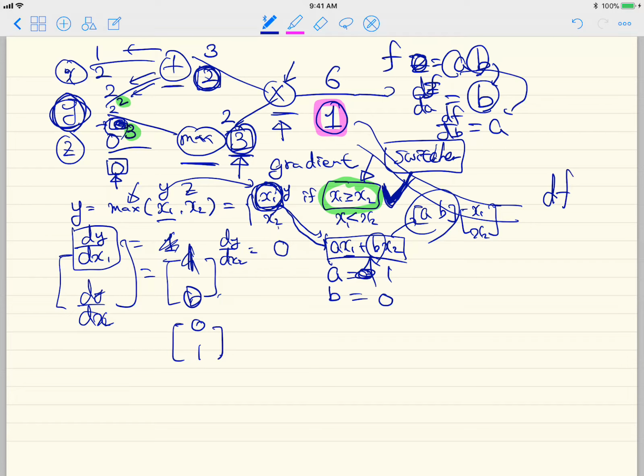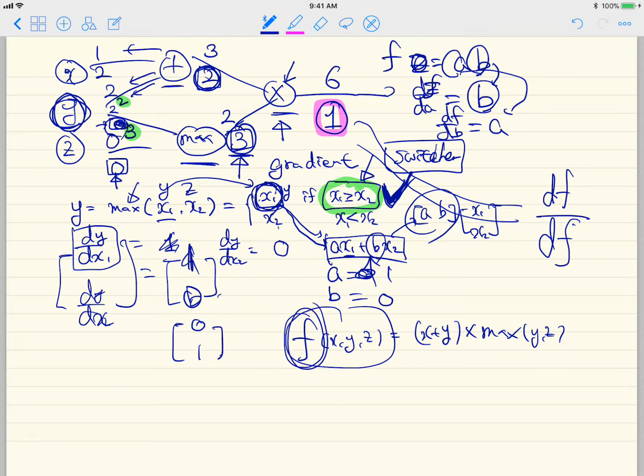So, more exactly, it's like d over f, d what? F, right? So, whatever function we are given, okay? Let me write this function x, y, z, and then x plus y, and max of y comma z, and then we are multiplying it, right? And then this one is our f, and then let's just treat it as a single x, and that is just literally f.